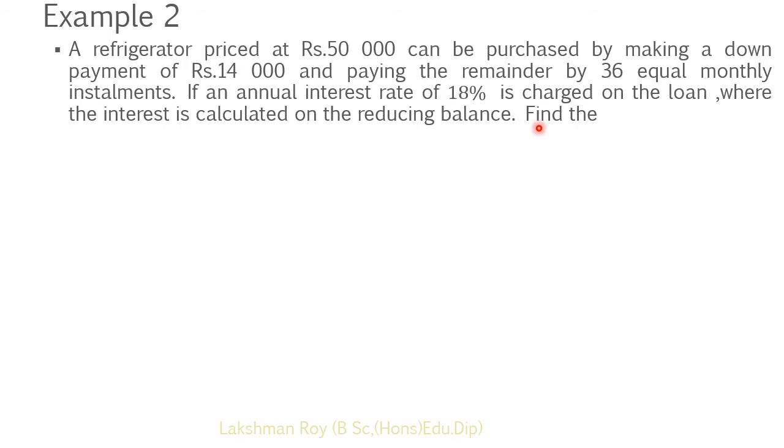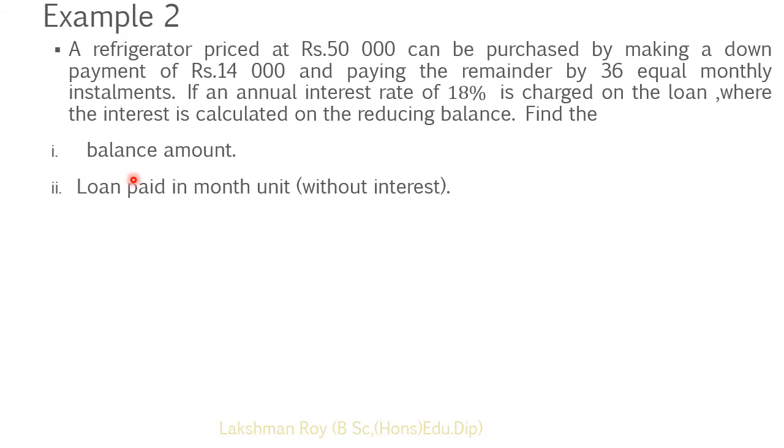So in the exams, they do not follow these steps, right? So the first one is to find the balance amount, right? And the second one is the loan paid in a month unit, that means without interest. The third one is the monthly interest rate.